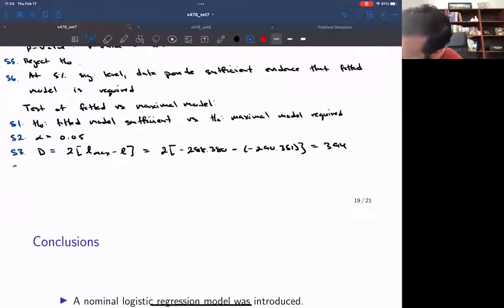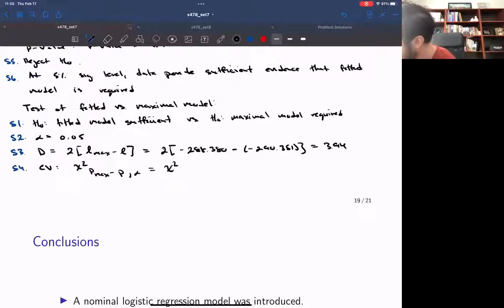And then on step 4, if we take the critical value approach, we have a chi-square on p max minus p, alpha.